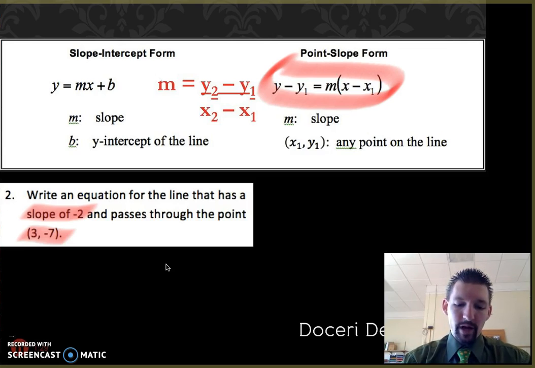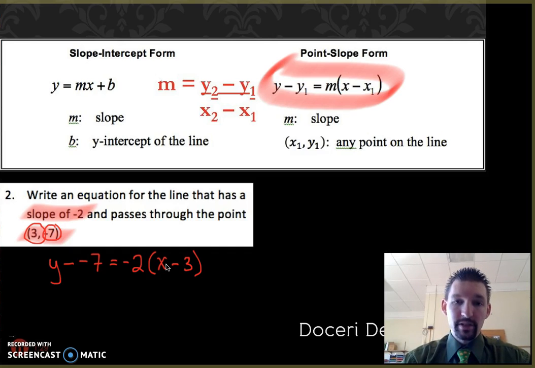So y minus y1 equals m(x minus x1). So we're going to do y minus, our y1 is going to be -7, equals m, which is -2, and then x minus x1. So x minus 3 will be our x1.